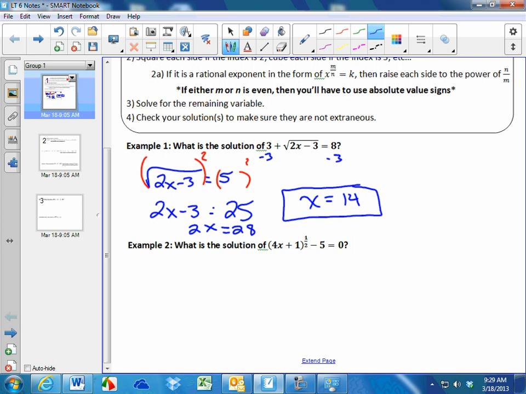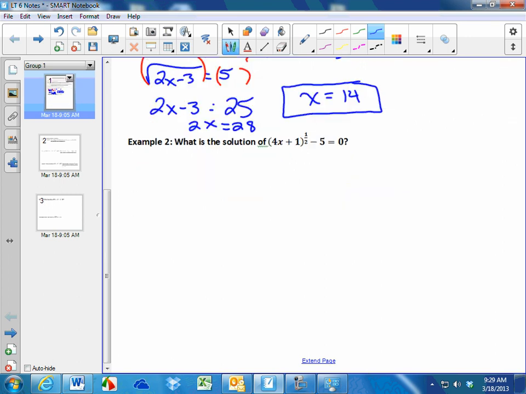All right, moving on. Example 2 is a parentheses 4x plus 1 to the 1/2. Well, we know, what does that 1/2 really represent? Square root. So it's basically the same problem as the one in number 1. It's just written differently, right? So I'm going to leave it written the way it is, but treat it like a square root.